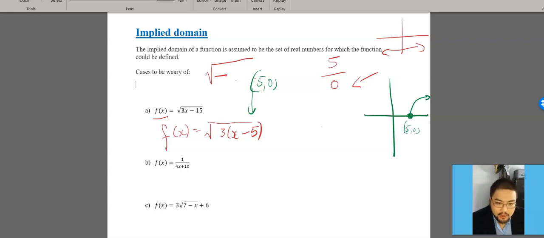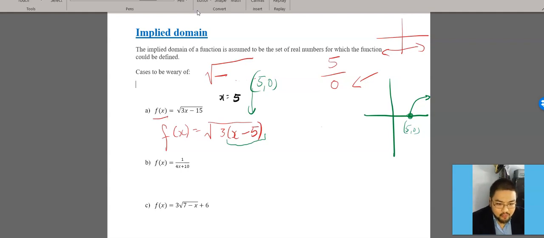So let's look at this. What values do we have for x where this component, the x minus 5, will be negative? Let's try a couple of points. Let's try x equals 5. 5 minus 5 is 0, which becomes the square root of 0, which is possible to calculate.